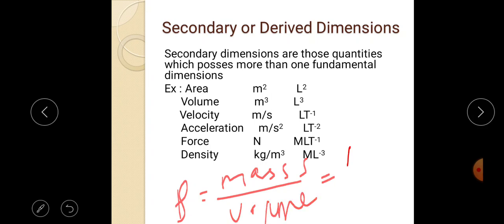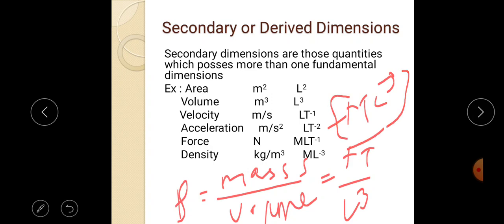For mass M and for volume it is L cube, so it is simply ML minus 3. Okay, as it is written. So these are the secondary or derived dimensions. Means when we combine two or more fundamental dimensions together, then we get secondary or derived dimensions: area, volume, velocity, acceleration, force, density, to name a few. All right.